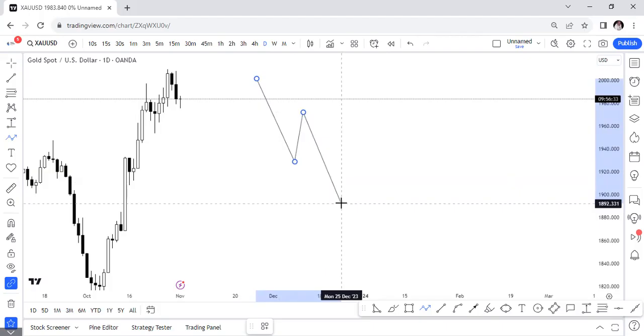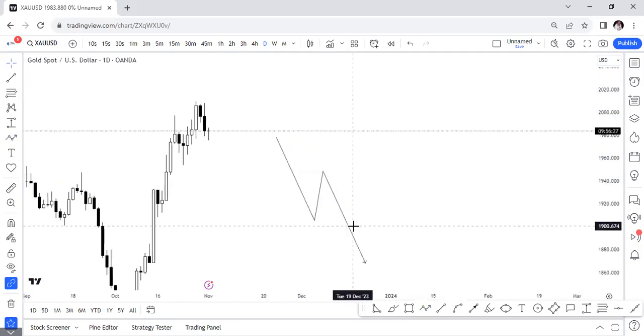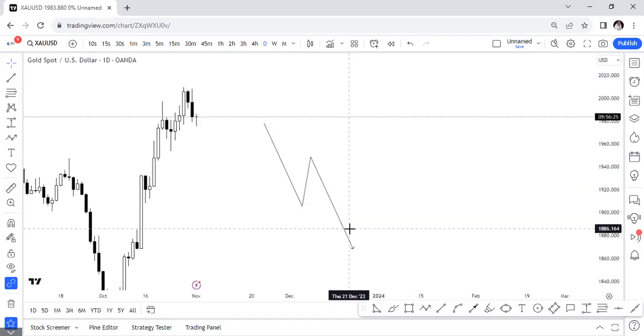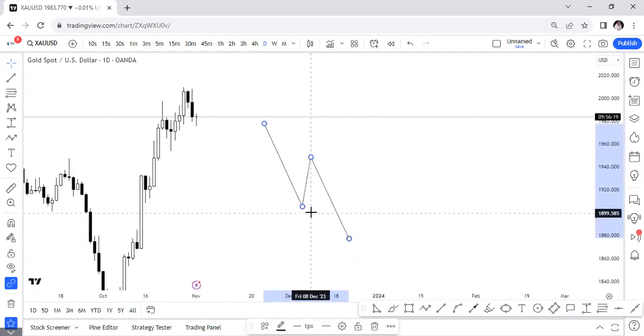This is the lowest low level. Quasimodo is ultimately used for picking a reversal in a trend. It's good in picking a reversal in a particular trend.